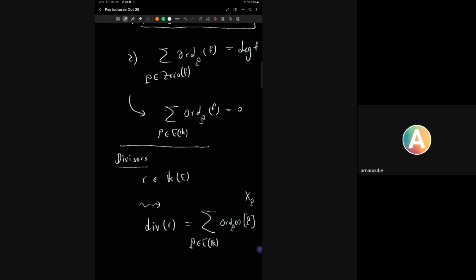It means that I only want to record, for every point on the curve, what is the multiplicity of this point with respect to R?